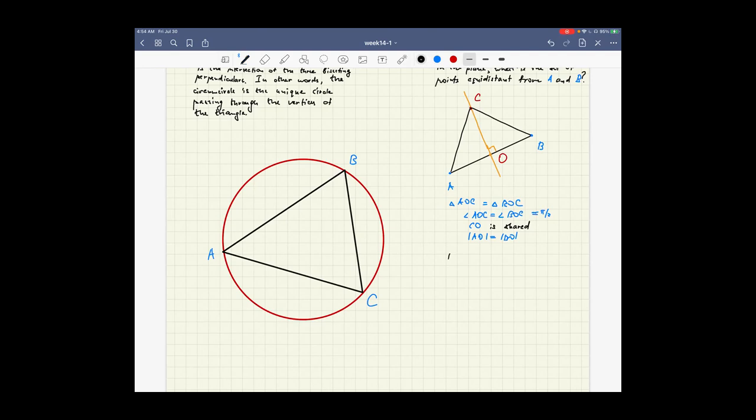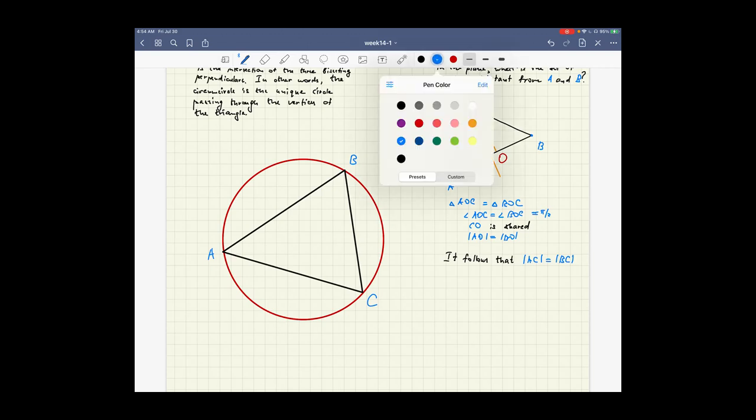So it follows from the equality of these 2 triangles that AC equals BC. And so indeed, point C is equidistant from the points A and B.